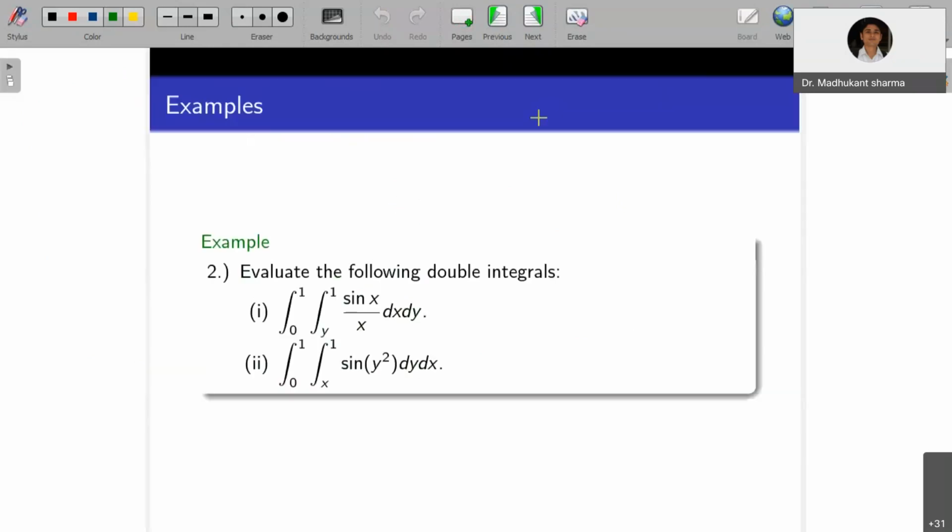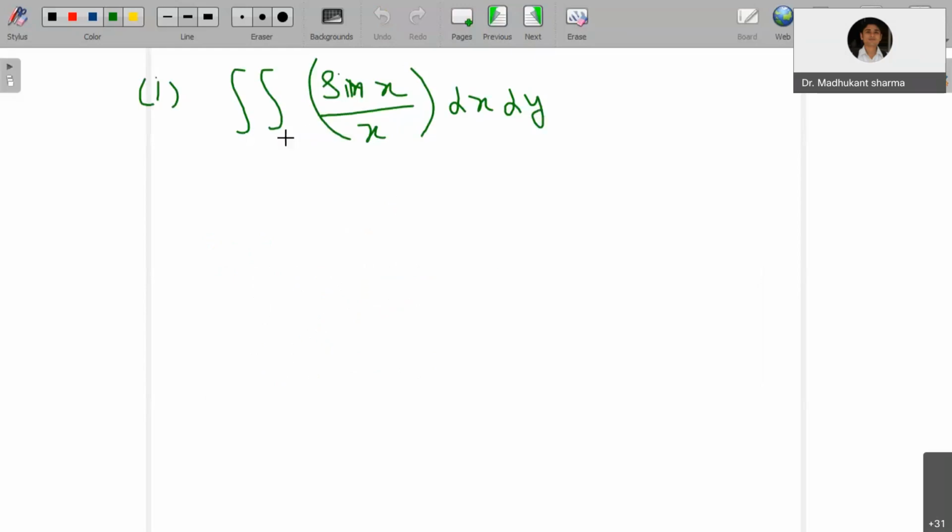The x limit is y to 1 and the y limit is 0 to 1. It is easy to notice from here that you have to first integrate with respect to x and then with respect to y.